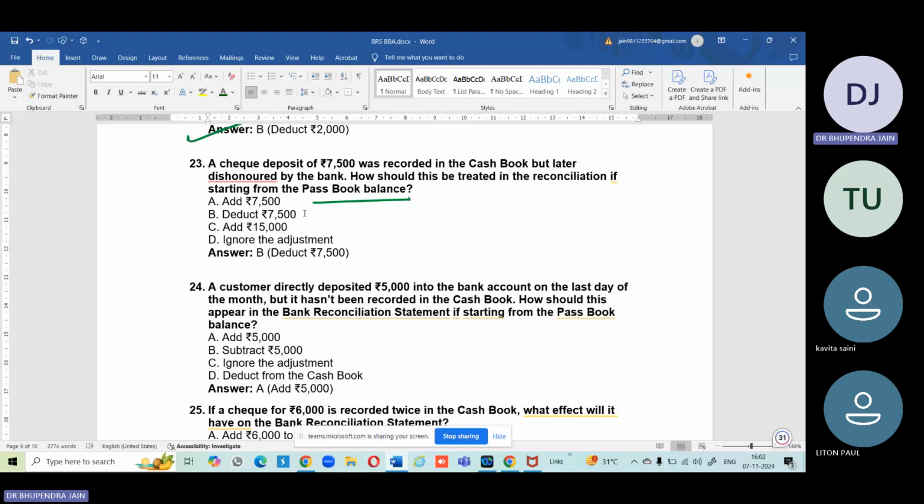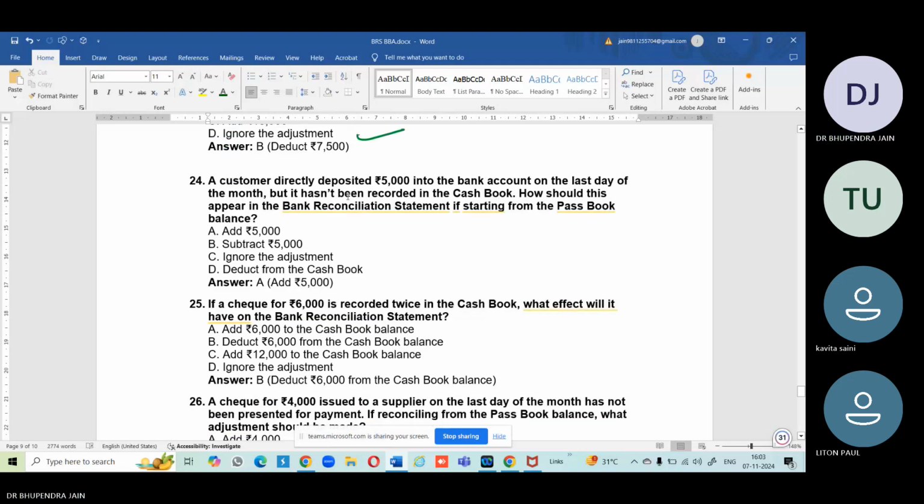Check deposited of rupees 7,500 in the cash book, but dishonored by the bank. मतलब bank मतलब account department or the cash book balance has been increased. Clear? But the check is a check deposit, no? Check deposit. But you hadn't decreased your balance, then you have to deduct the balance of rupees 7,500. You have to think as per the passbook.